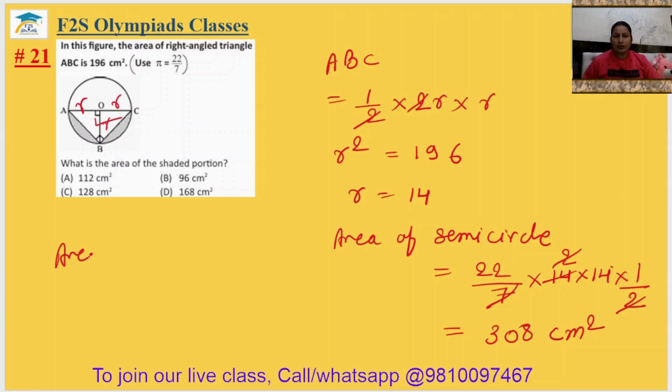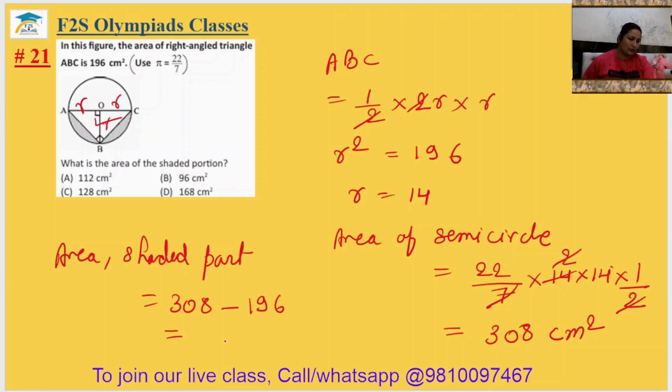The area of the shaded part will be 308 minus area of the triangle, that is 196 centimeter square. Okay, if you subtract both of them you will get 112 centimeter square. It is in option number A. The 21st answer is option A.